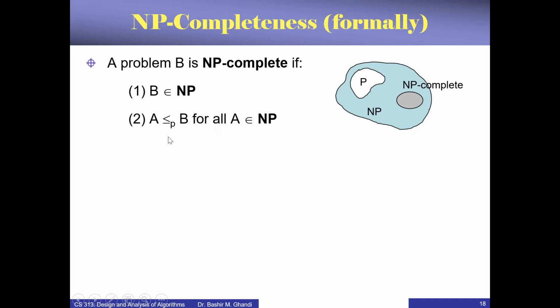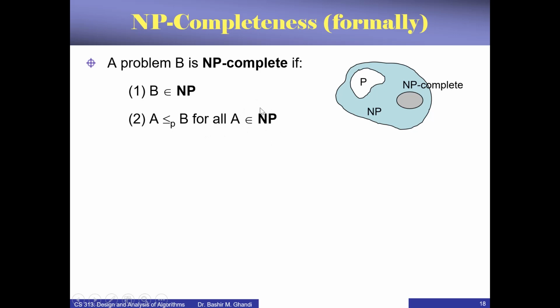Please take note, our candidate problem is not A, it is B. So basically what we are saying in the second condition is that all problems in NP are polynomially reducible to our problem B. So you can see B is the harder one.